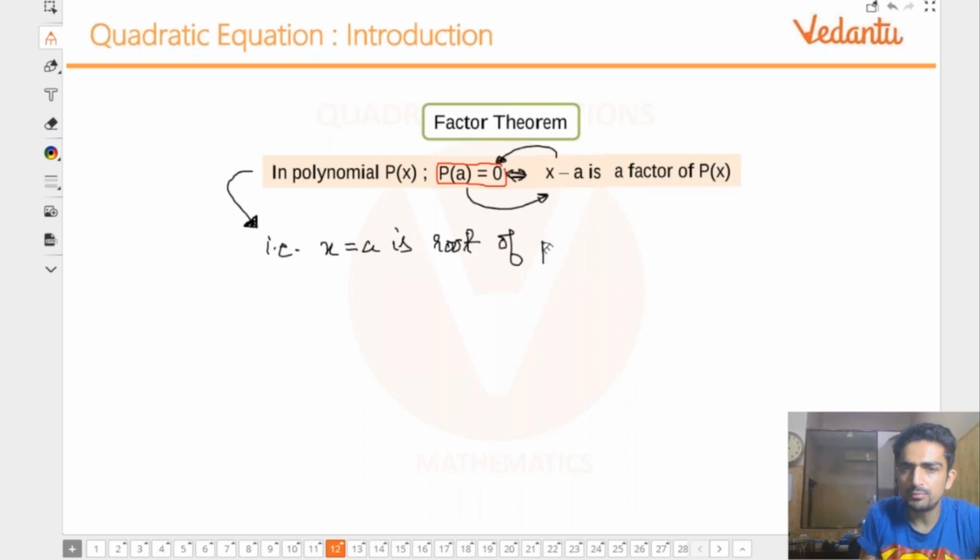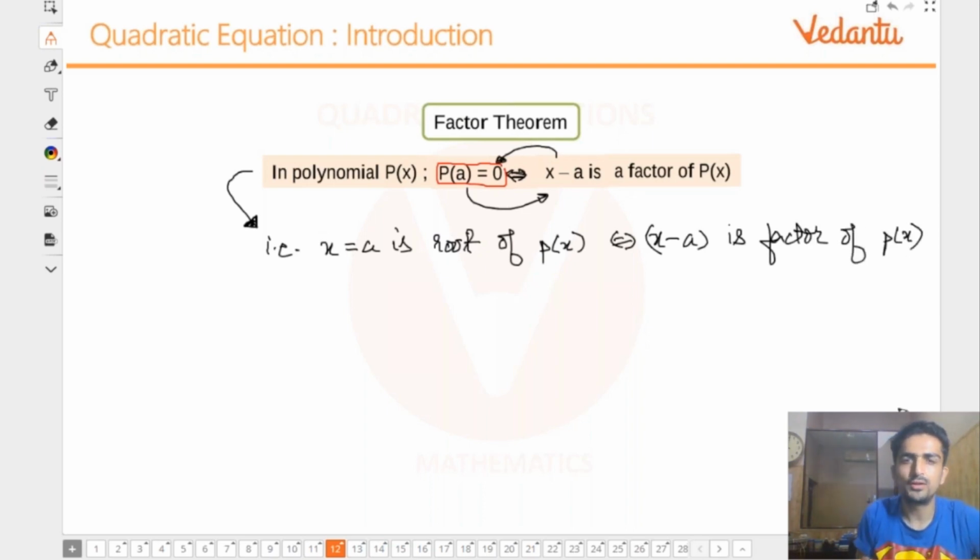Now, if and only if x minus A is factor. Now this seems a bit easy to comprehend. X equal to A is root if and only if x minus A is factor. That is pretty much obvious.